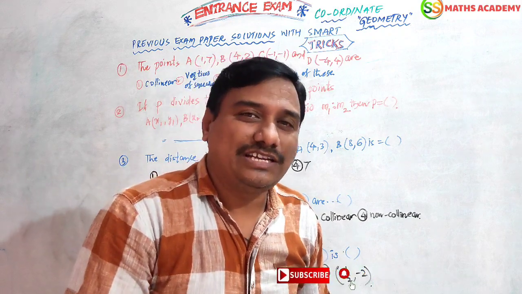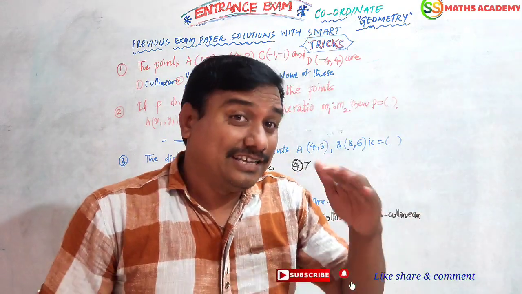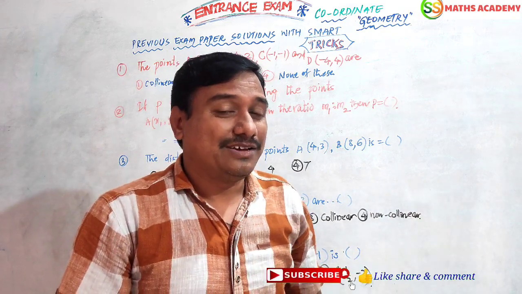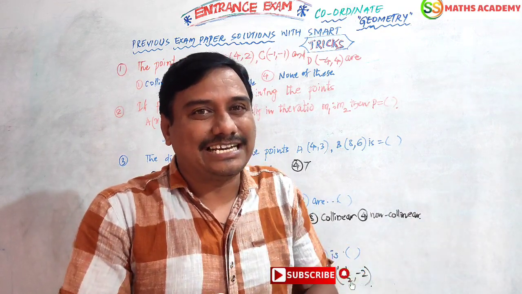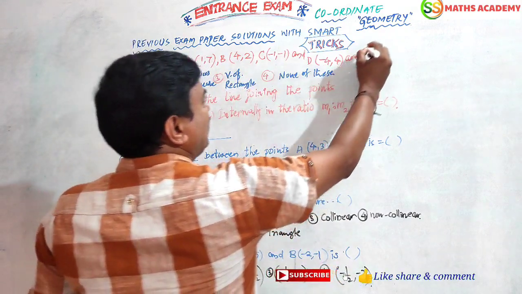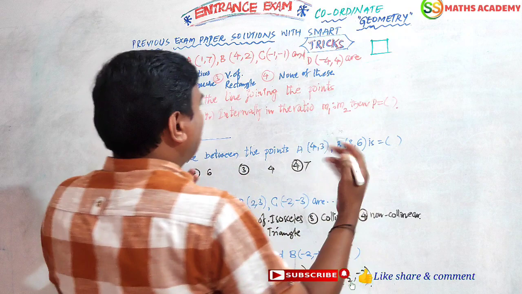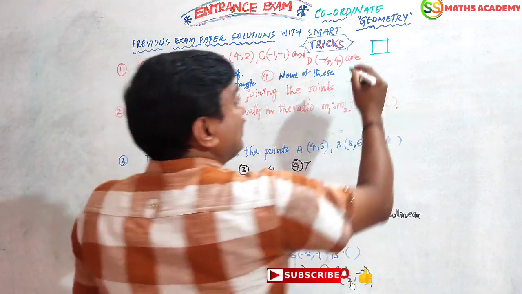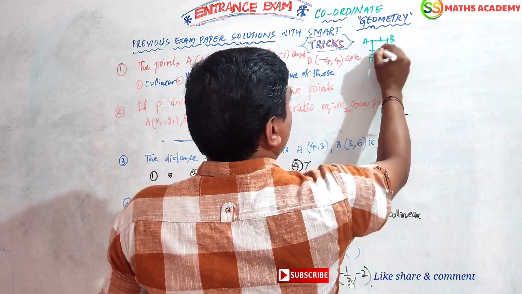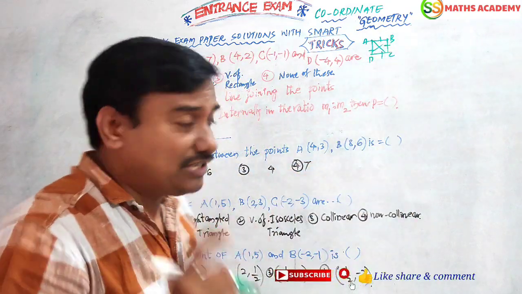This kind of question is actually a 4-mark question in a traditional board exam, but this is a 1-mark question. How can we solve it? What is the traditional method? For a square, all sides are equal and diagonals are also equal.